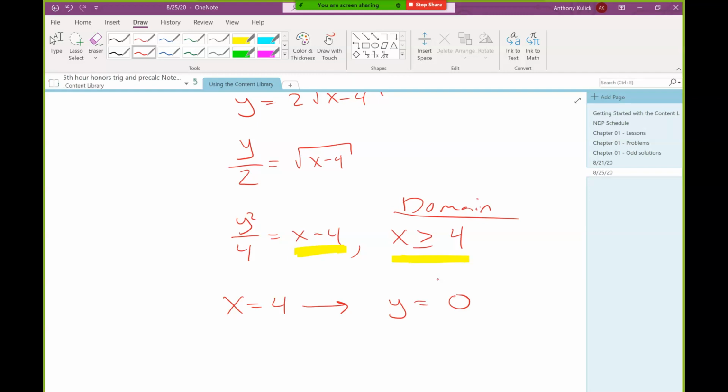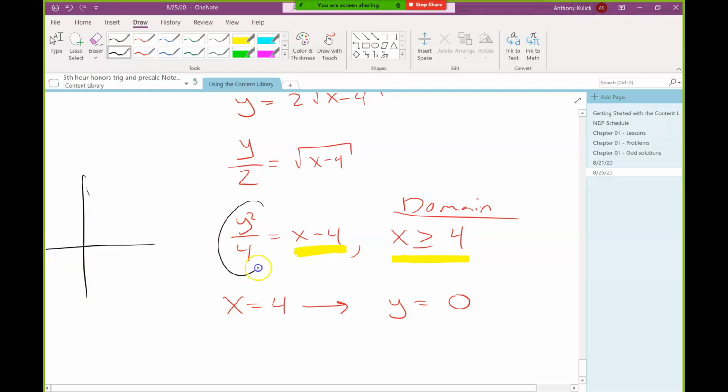Y is 0. Now, if I think about the graph of x squared plus 4, that graph is always increasing, right? Particularly if we're starting from the x value of 4. So I know this should say this is our minimum y value, right?